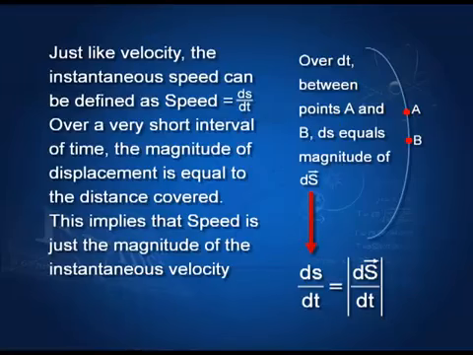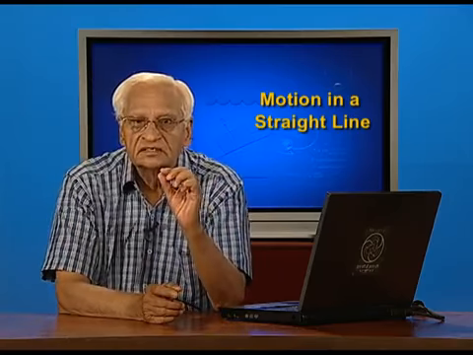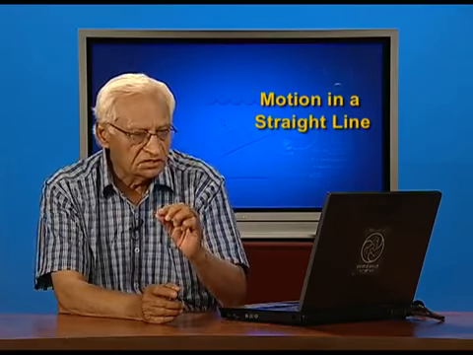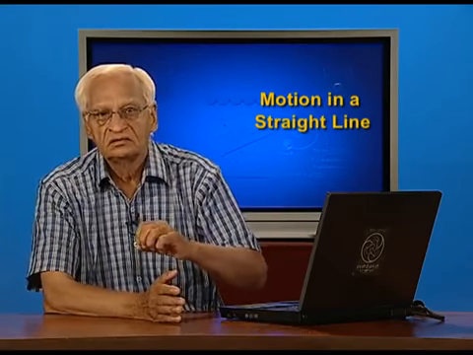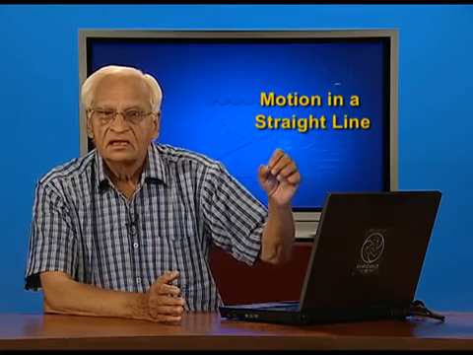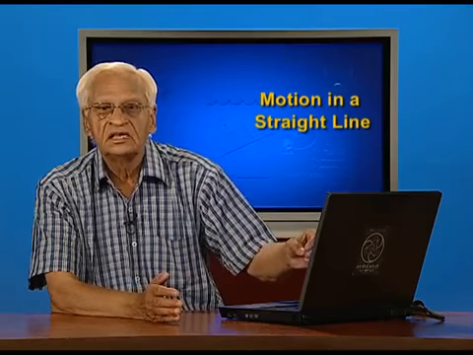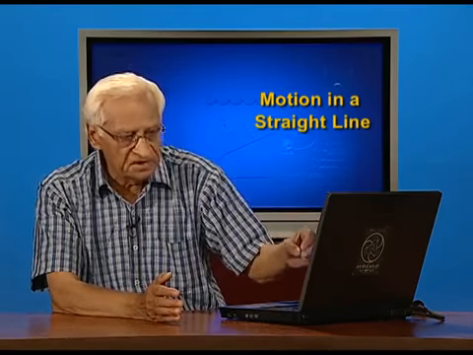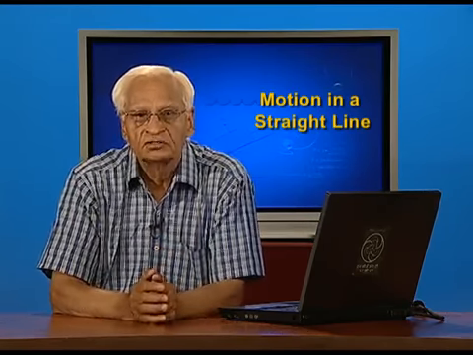We take the point moving on a curve as shown here, and we take 2 points which are very short distance away. In that short distance, the displacement would be equal to the distance covered, and therefore, the speed would be equal to the magnitude of the velocity vector.